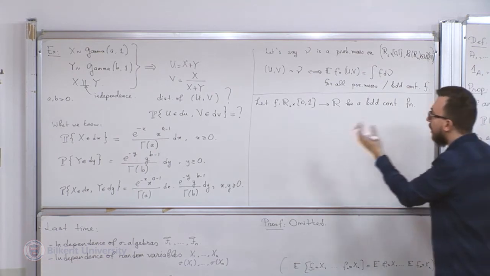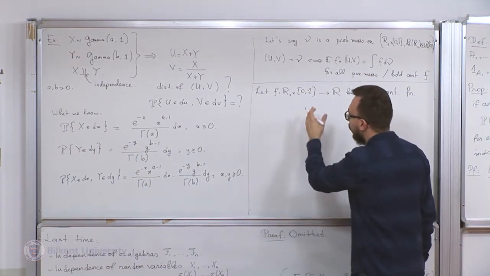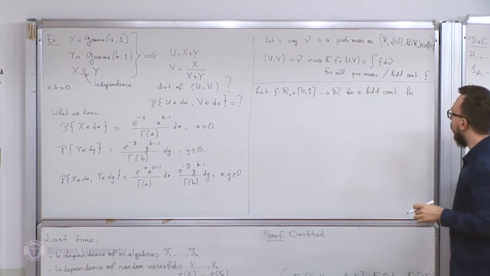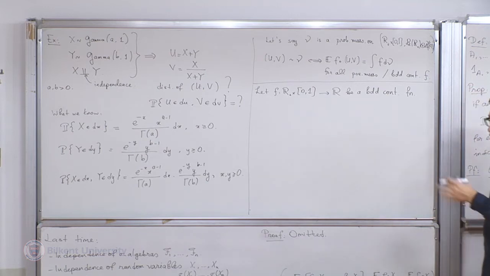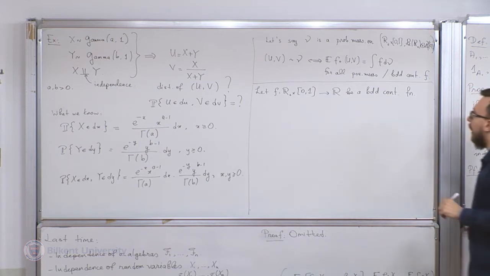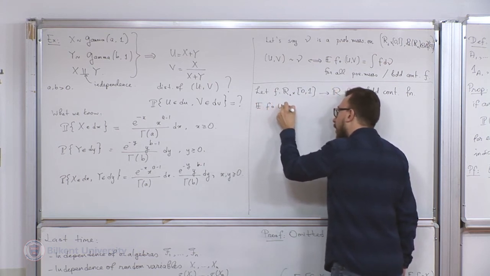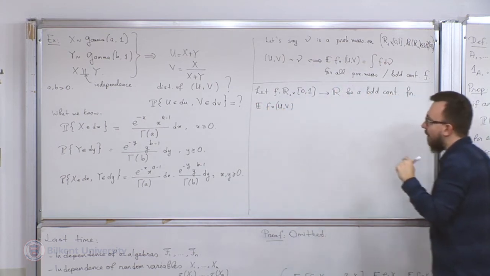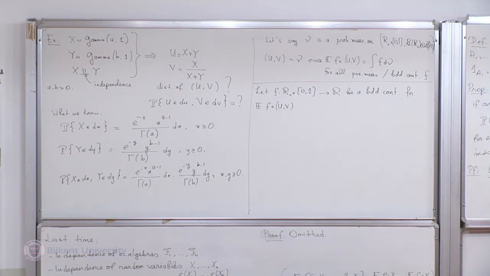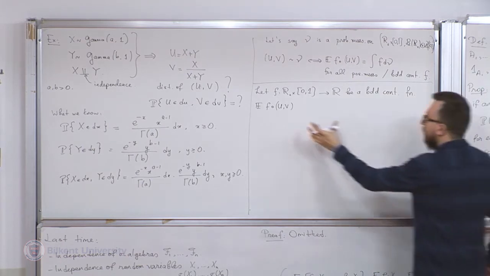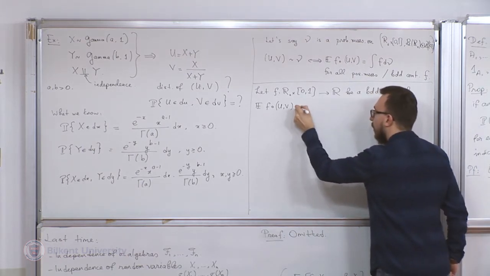So it is just a generic function. We don't assume anything about this function, okay? Just regular enough to evaluate integrals. So let's try to calculate the expected value of f of uv. So uv is a vector, and when you apply f to it, you get a scalar, a real number, right? So this becomes a real valued random variable.